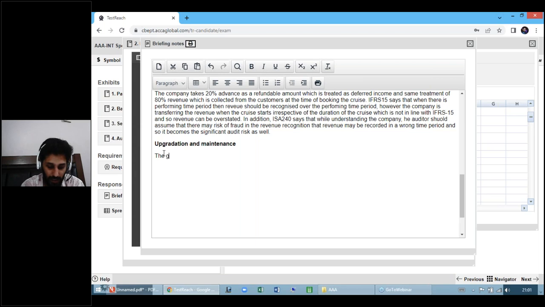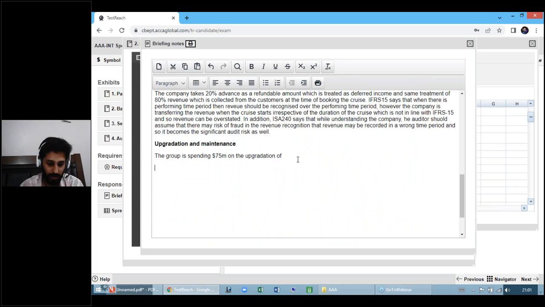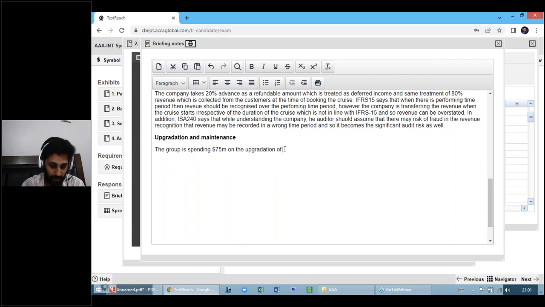So I am writing that the group is spending $75 million on the upgradation of the Sunseeker cruise ship, using almost the same terminology which is written in the question, and the amount is material.